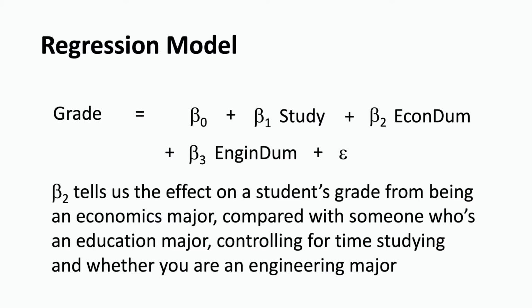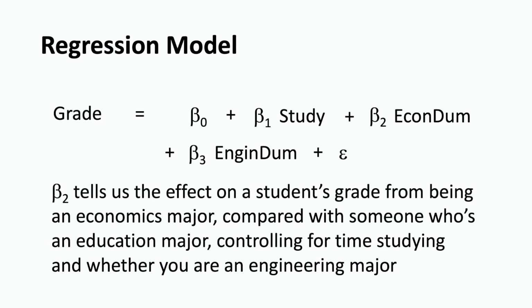In this first version of the model, we exclude the variable education dummy. So you see econ dummy and engineering dummy. Now the regression model is grade equals beta subscript 0 plus beta subscript 1 times the amount of time spent studying plus beta subscript 2 times economics dummy plus beta subscript 3 engineering dummy plus epsilon. In this model, the parameter beta 2 tells us the effect on a student's grade from being an economics major compared to somebody who's an education major.